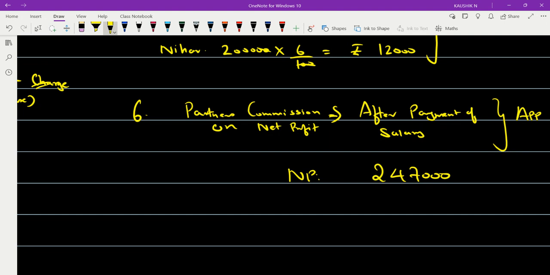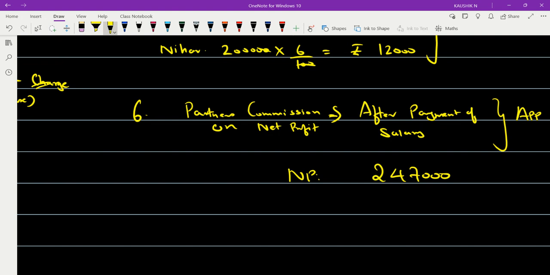Fine. So let's read the question very clearly once again. The question says very clearly that the partner who is going to be allowed this commission is Asim. Asim is to get 10% commission on profit after allowing salary. It was not mentioned after such commission. The word is very important. Many students get confused between 10 by 110 or 10 by 100.